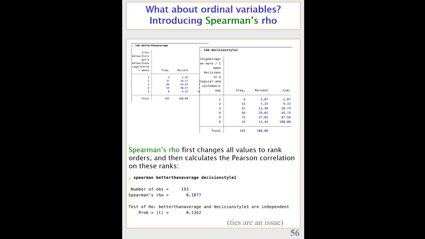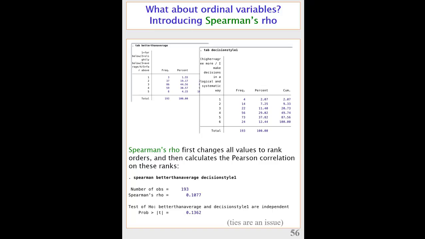If you do that, it's called Spearman's rho, and it gives you a value similar to what you would see before. It's a Pearson correlation, but calculated on something else. So again, you can get negative values all the way down to -1 and positive values all the way up to +1. And the Spearman command immediately gives you a test as well.